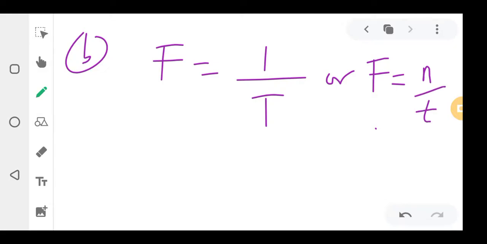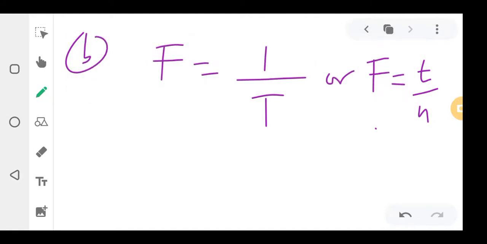For frequency, the T goes on top and the N comes down. It's the opposite of the formula for periodic time.